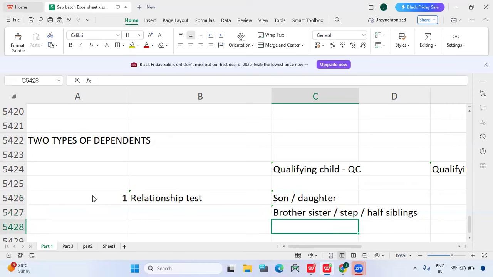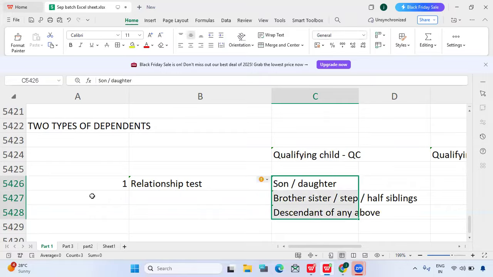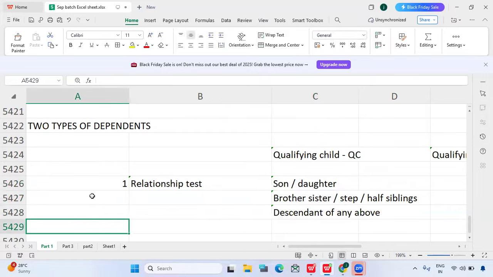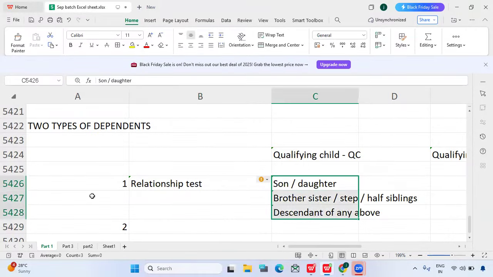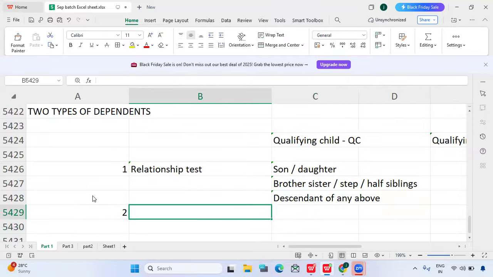So a descendant of any of the above we can also consider as qualifying children. So first test, to consider a person as a qualifying child, we have to see son, daughter, brother, sister, stepbrother, half siblings, and descendants of any of the above come under the relationship test.